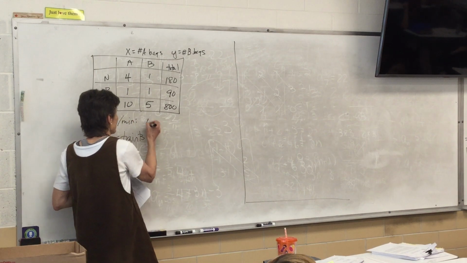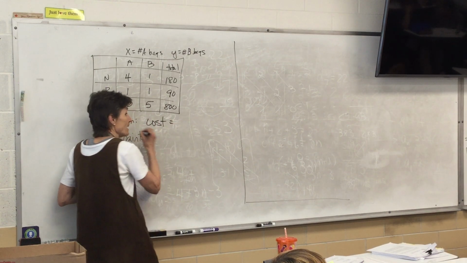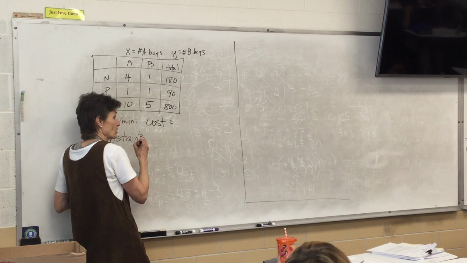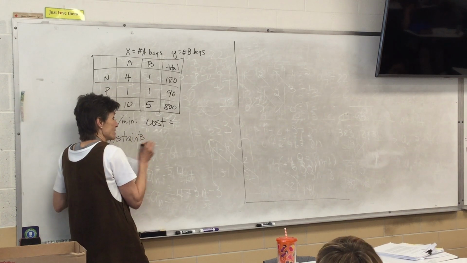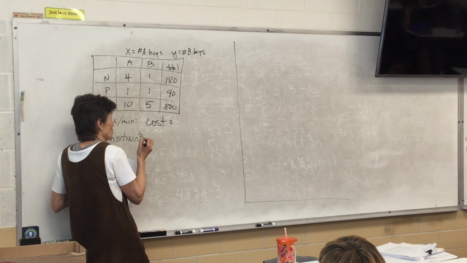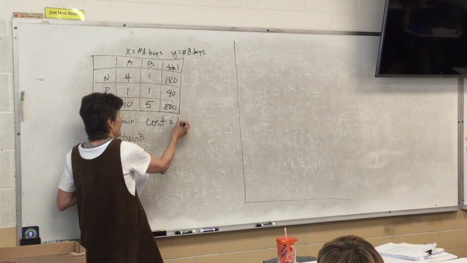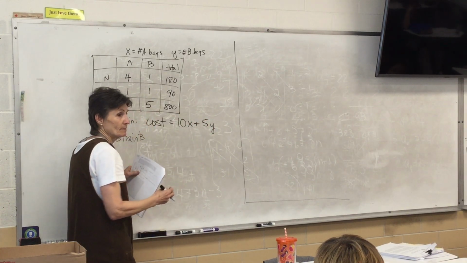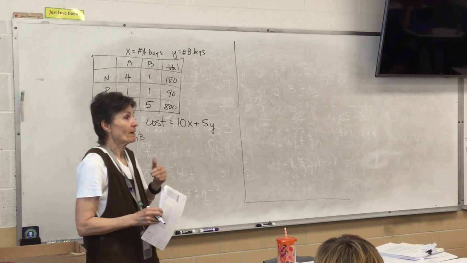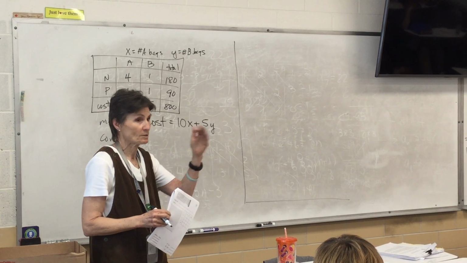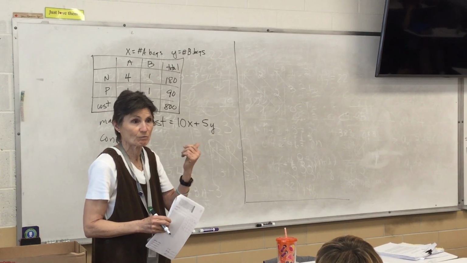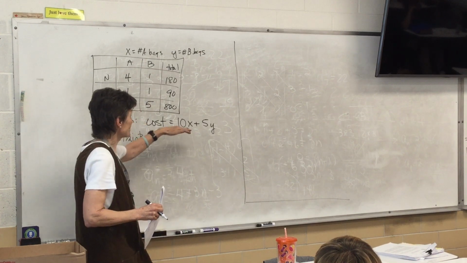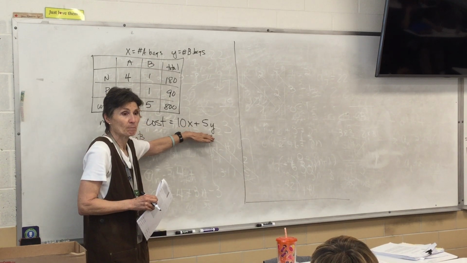So on max min, I'm going to say cost. And how will I calculate the cost? What is my cost expression going to be? 10x plus 5y. How much is it going to cost me to buy this fertilizer? Well, it's going to cost me $10 for every x and $5 for every y. So this is what I want to be as little as possible.